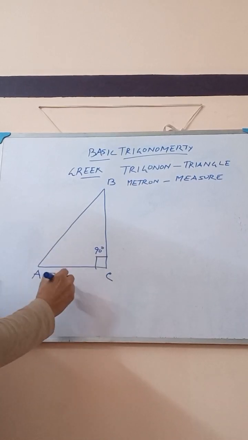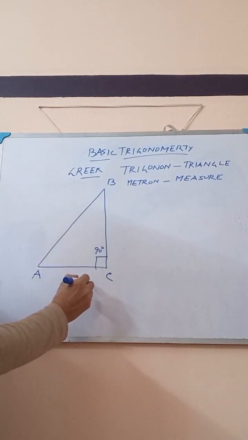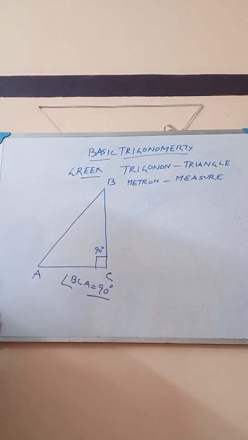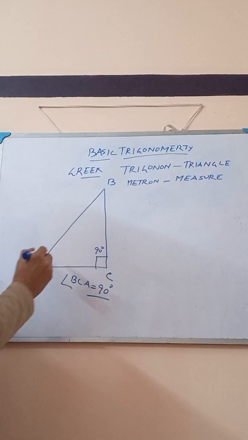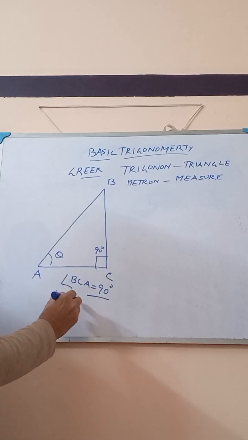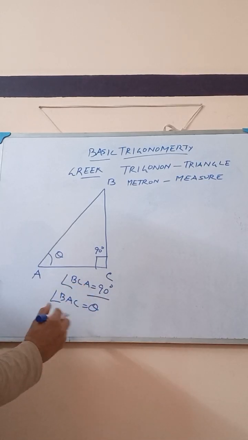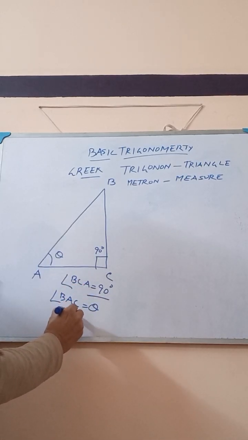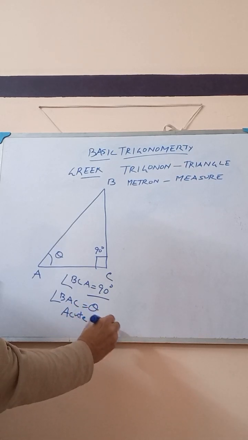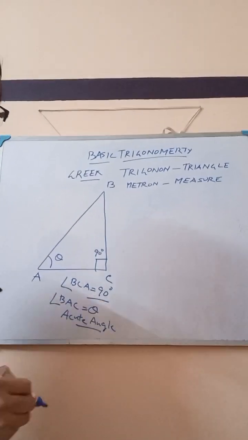Angle BCA equal to 90 degree. And this angle is theta. That means angle BAC equal to theta, and this is an acute angle.